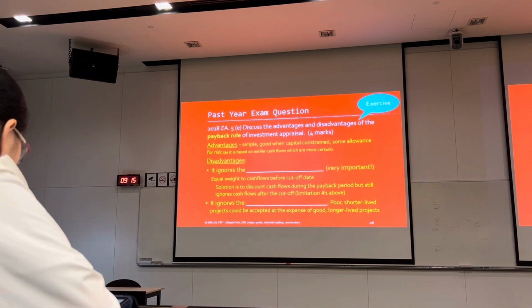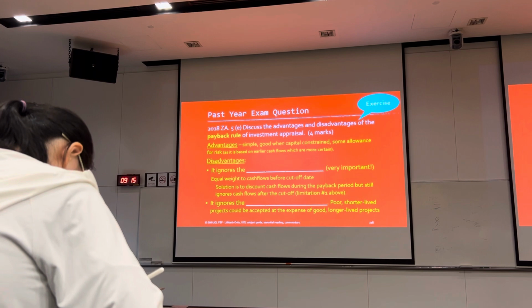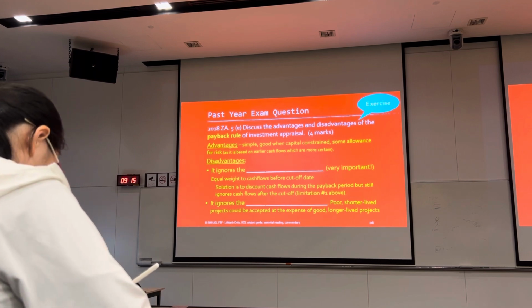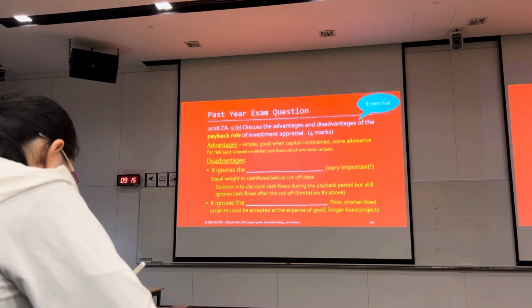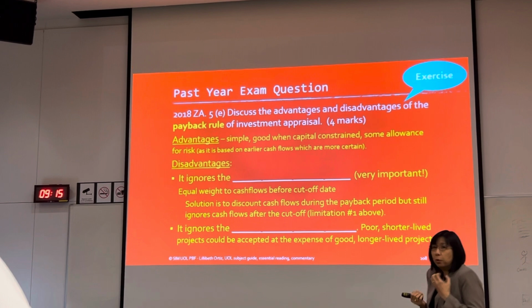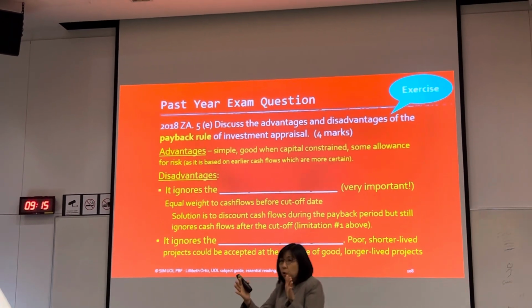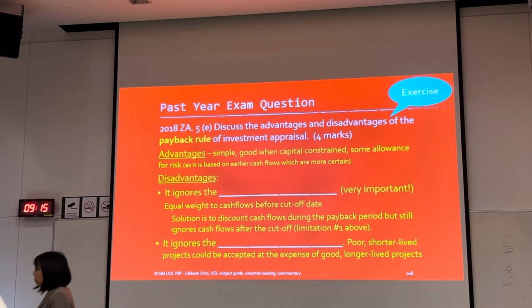Because you're a finance person, you know that this payback rule is too simplistic and not good enough, okay? So although you can mention advantages, it's simple, it's good when you don't have enough capital and you need to get your money back within 2 years, right?